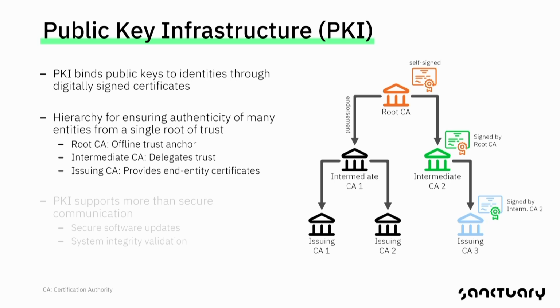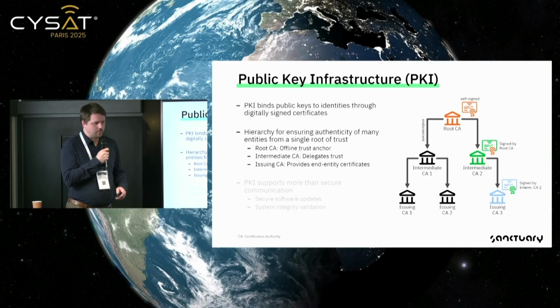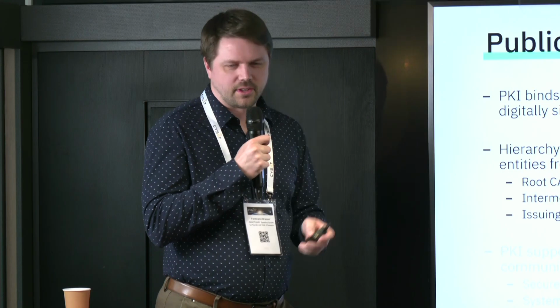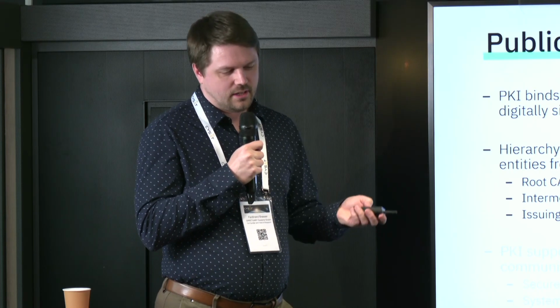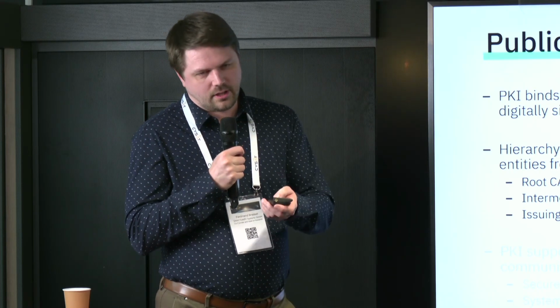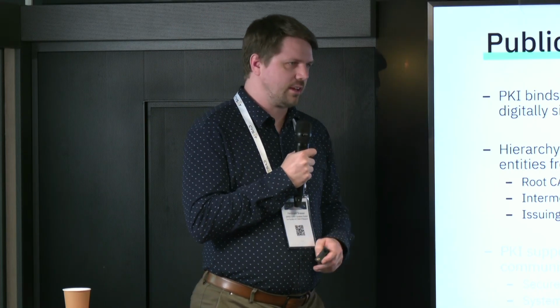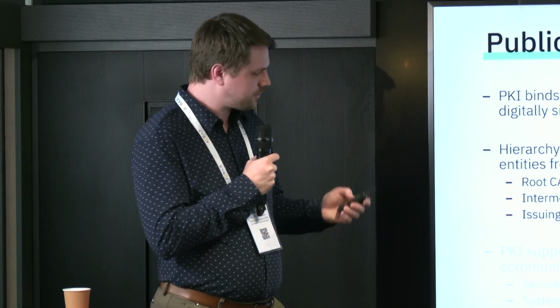And then in the end, you have something that's called an issuing CA, and that one is actually giving out the certificates for the clients, which are often called principals in the context of PKI. This one will then basically give every device a certificate saying, okay, this device has this corresponding key, so making this binding happen.